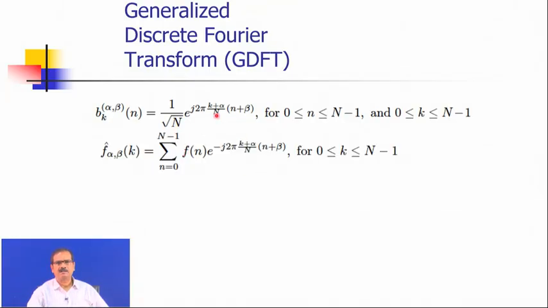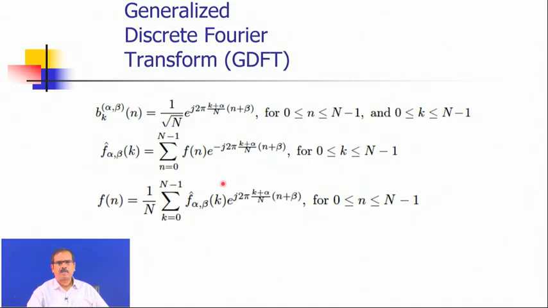We can use these basis vectors to get these expressions for the transform, and similarly we can get back the function by applying the inverse transform. It has a similar form to what we did for the discrete Fourier transform, and the corresponding transformation matrix can be expressed in this form.